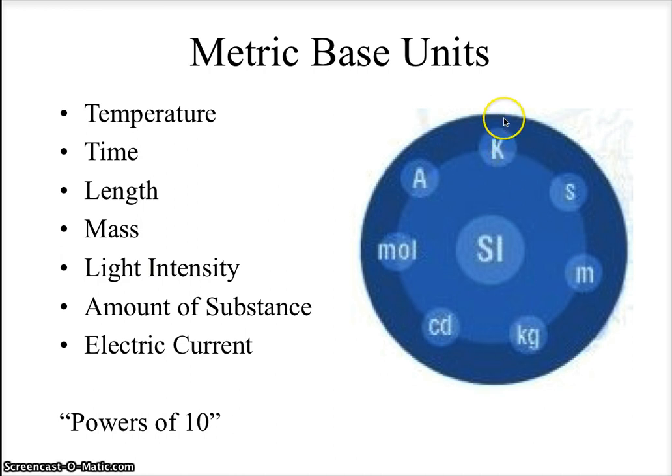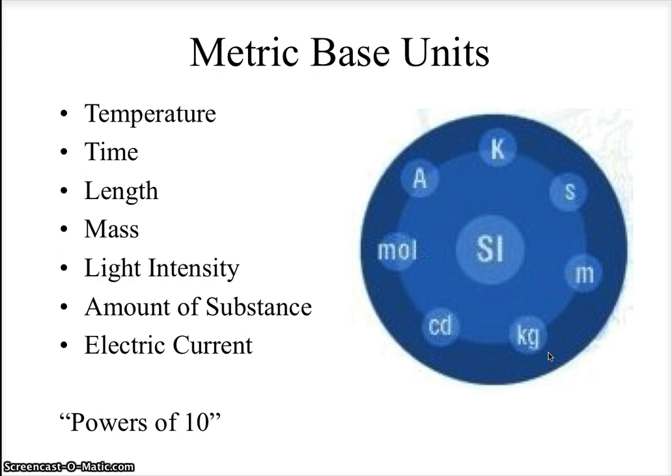Capital K stands for Kelvin, a temperature unit. Again, A stands for ampere, K for Kelvin for temperature, s for seconds for time, m for meters for length, and kg.